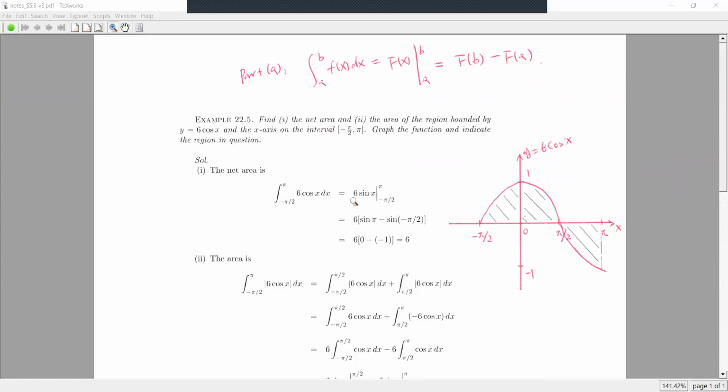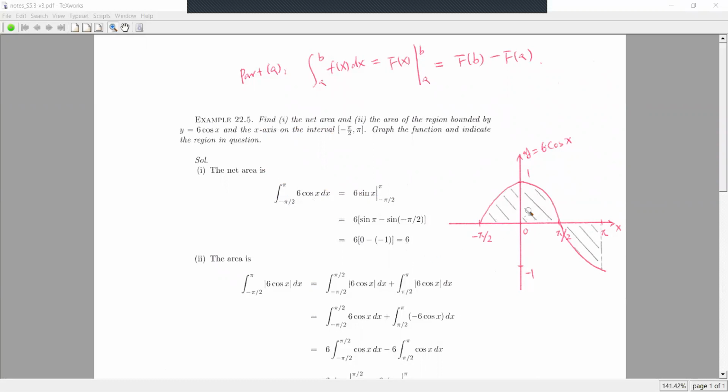One antiderivative is 6 times sine. So by the formula, this integral is the antiderivative, plug in pi, the upper limit, plug in the lower limit. So the value of this integral is 6.